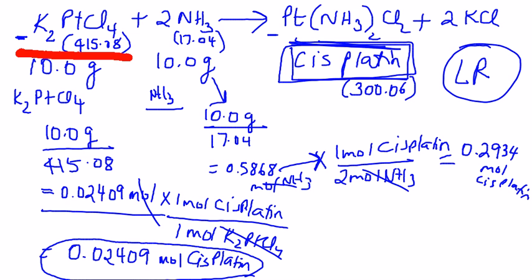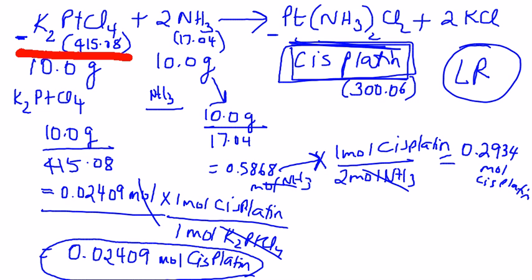The second question is how many grams of excess reagent are consumed? Realize if K2PtCl4 is the limiting reagent, that means ammonia is your excess reagent, and it's only going to react in a manner equivalent to the balanced chemical reaction.